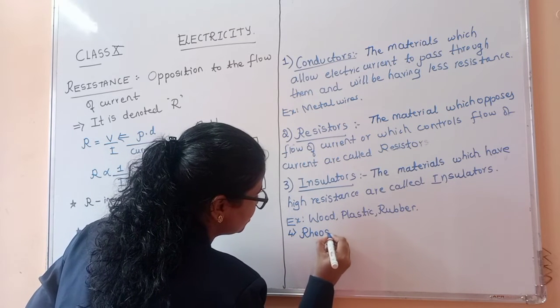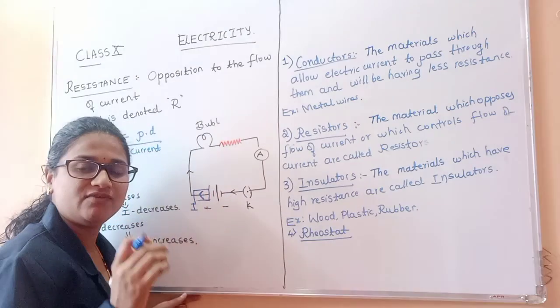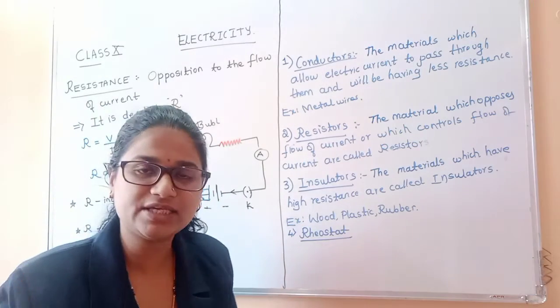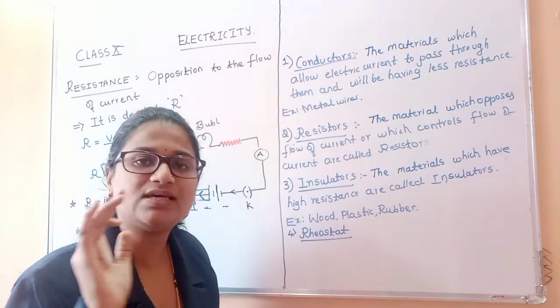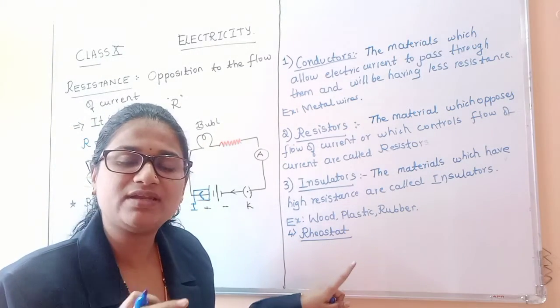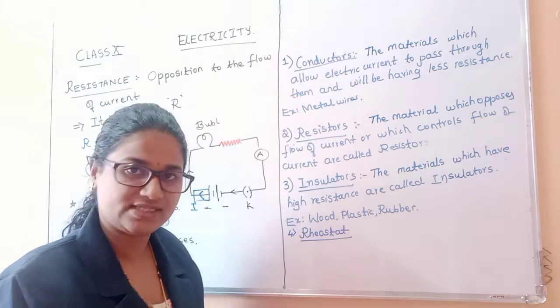What is a rheostat? A rheostat is a device connected to a circuit which controls the resistance. If you want, you can give high resistance. If you want, you can give low resistance.